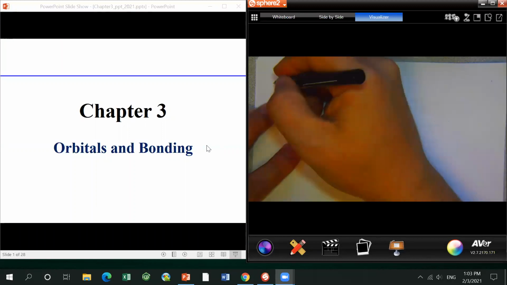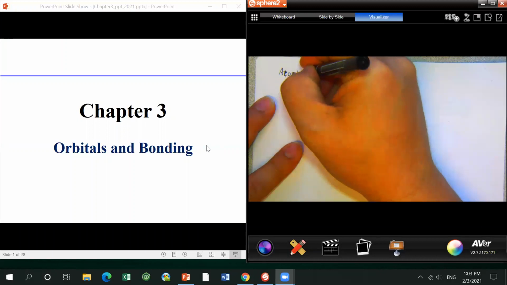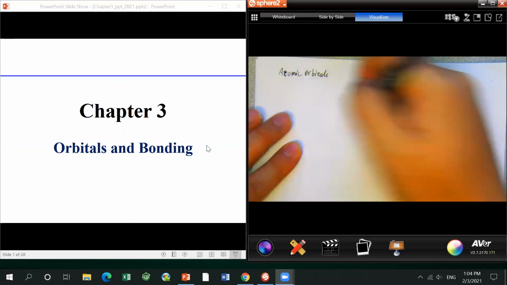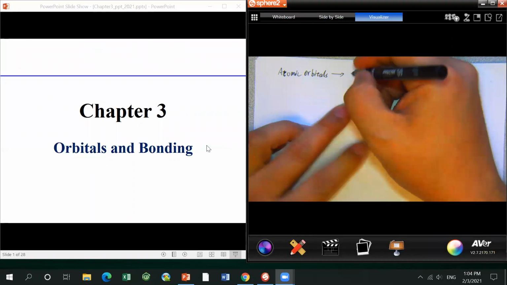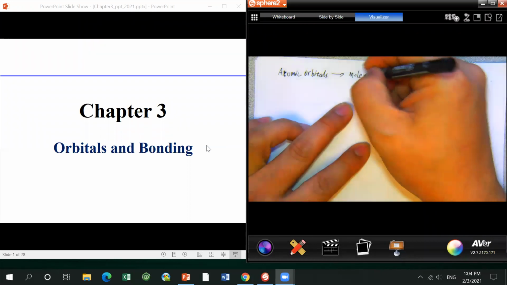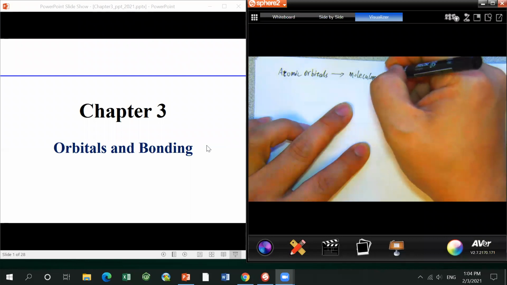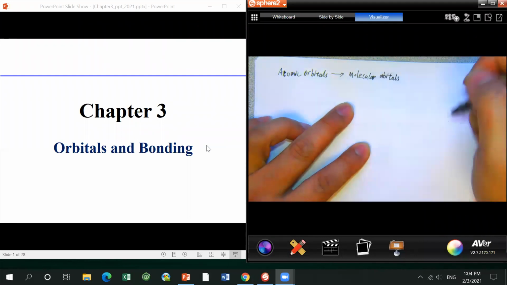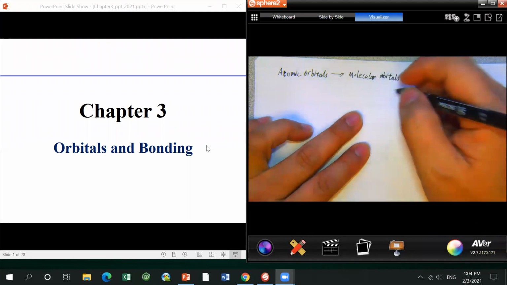To learn molecular orbitals, we first need to learn atomic orbitals, and then based on that, we will learn molecular orbitals, or MOs.